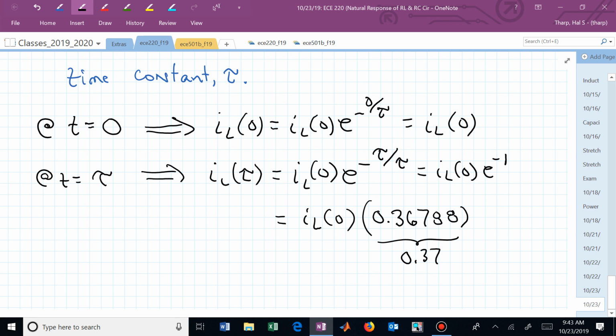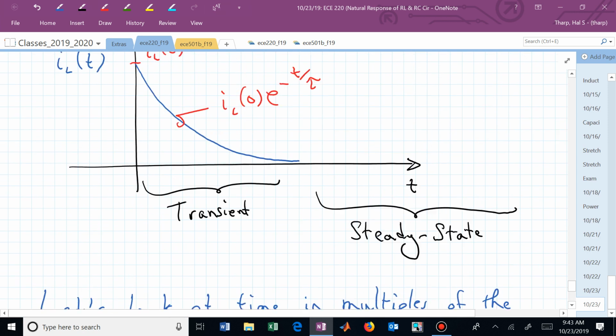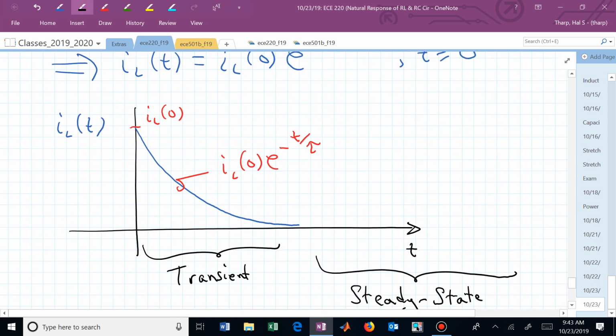So if you went back to your plot here, you could now mark this off and be a little bit more accurate, and you could say, oh, by the time that we get to 37%, oh, and this is a terrible drawing, that's now tau. That's where we are in terms of time interval. We're one time constant away from where we started at time 0.